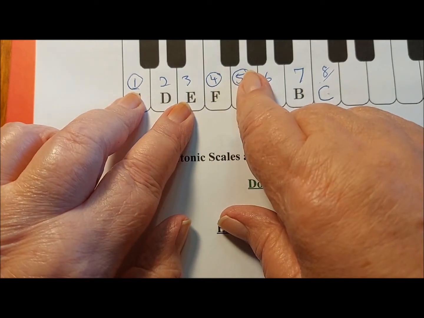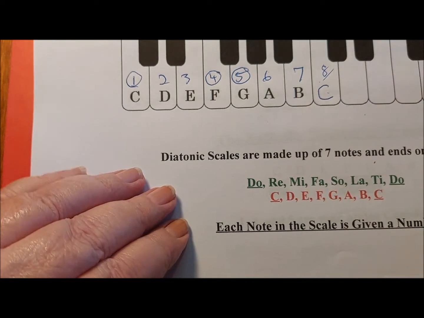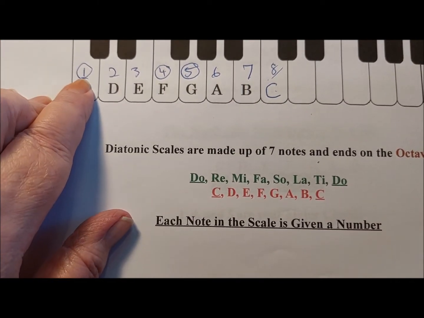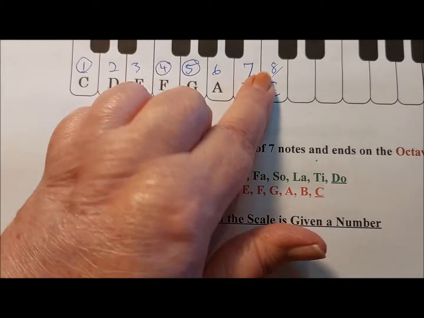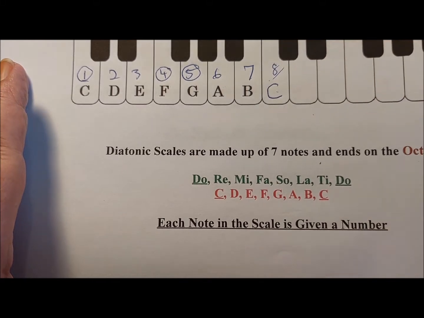And we'll show you that later when we get to the circle of 5ths. But try and remember 1, 2, 3, 4, 5, 6, 7 of the scales that we're going to be doing.